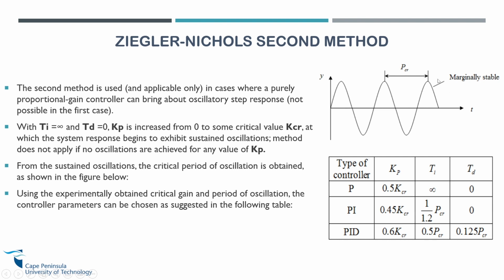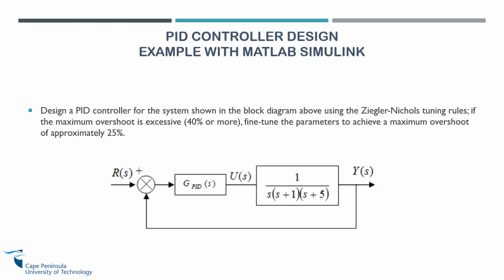Then 0.6 times whatever value gives you KP, your TI is 0.5 times this value, and your TD is 0.125 times this value. So this is how we are going to use it. We have discussed this. I won't go into details, but I just want to pass through this so that when we go to Matlab, we'll follow each other.